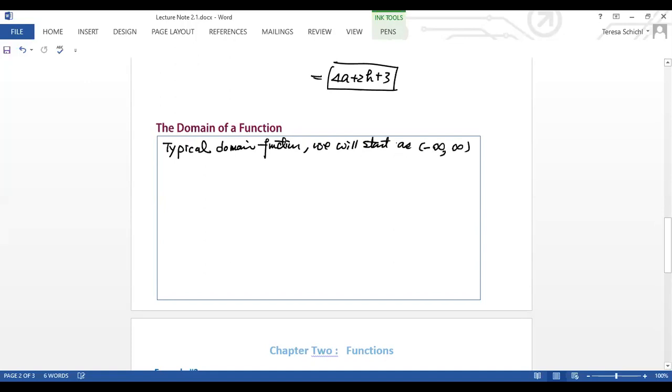That means all the real numbers, except a few situations, right? So we need to be careful here. Right now, from our starting level, we're going to be careful if a function has a fraction.